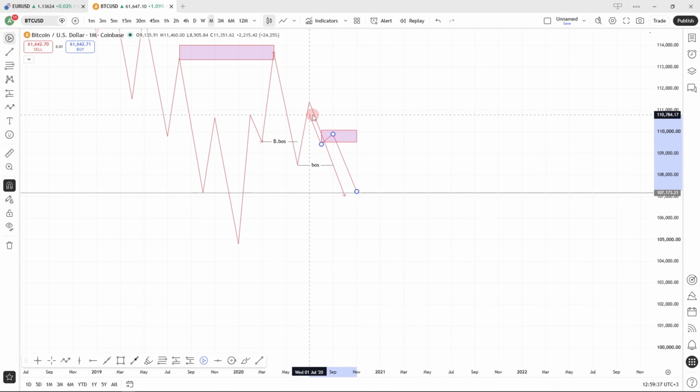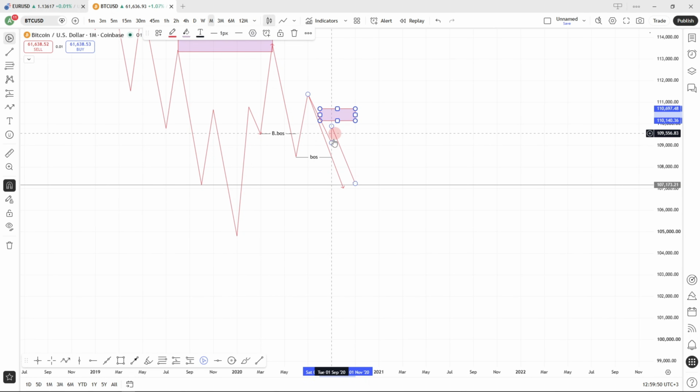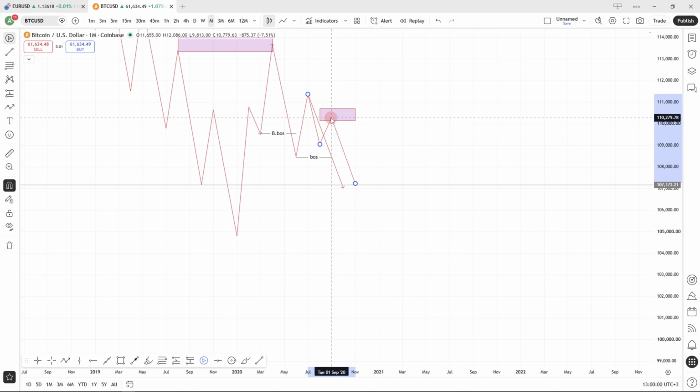so that people don't confuse this. Let me move this up a bit, and then this right here. Okay, I guess it's snapping because of the magnet, but inside this level we had a mitigation into a certain fair value gap inside this price leg, and then this fair value gap gave us an internal break of structure.